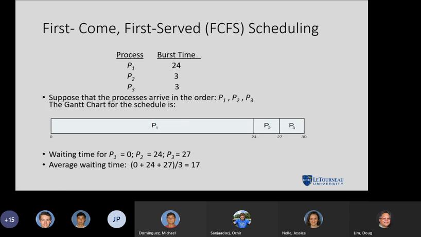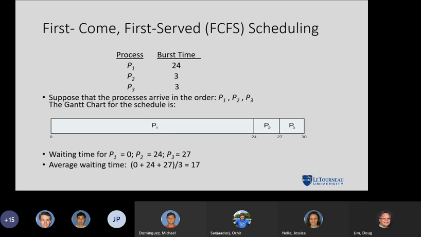So we're going to look at one of the first ways of doing it, which is the obvious one: first come, first served, right? You just have a queue and the processes come in order, and each of the processes is given access to the CPU in the order they arrived.